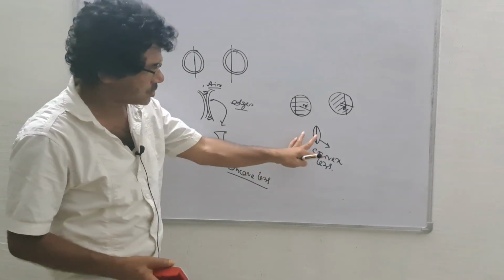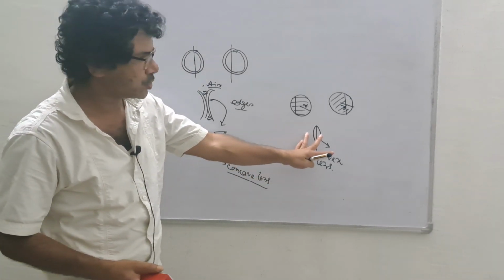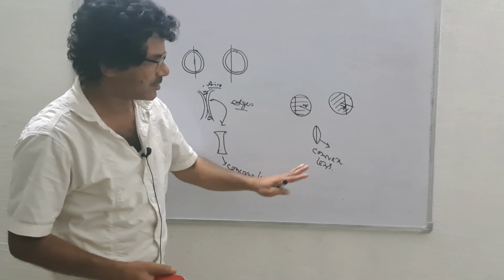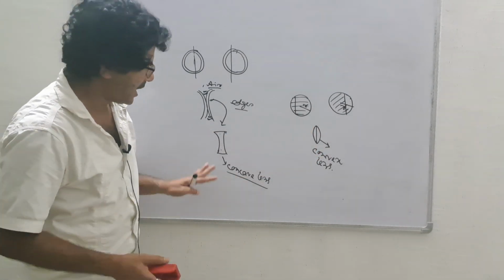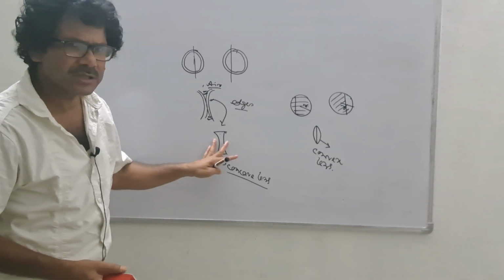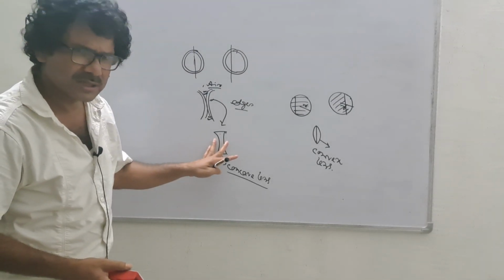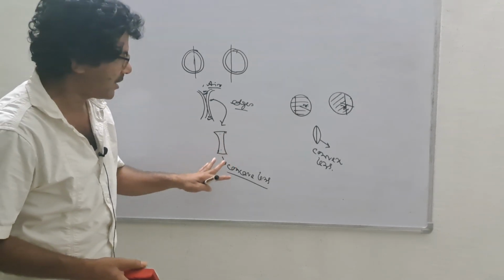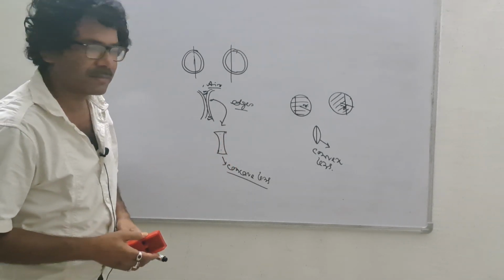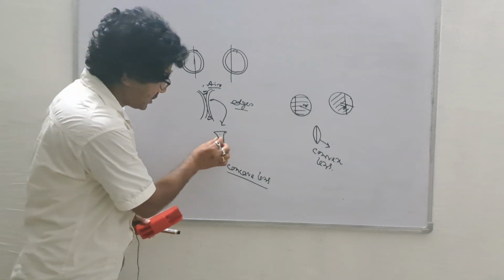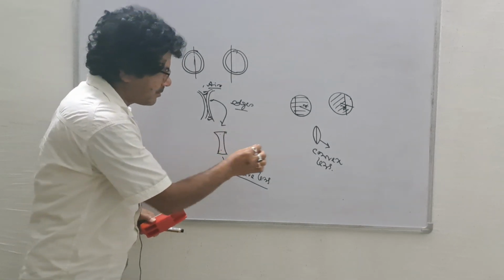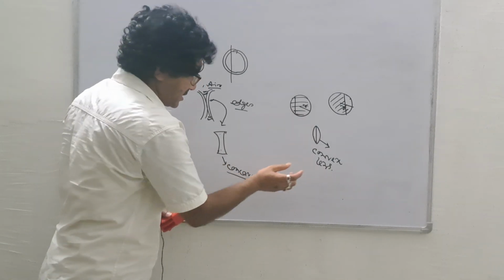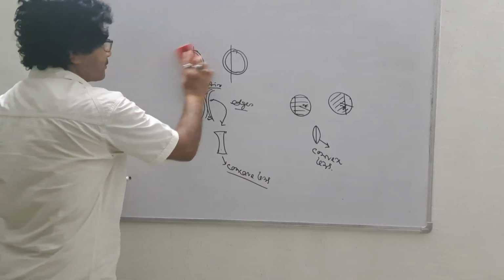The lens whose middle portion is thick but edges are thin is called a convex lens. And the lens whose middle portion is thin and edges are thick is called a concave lens.